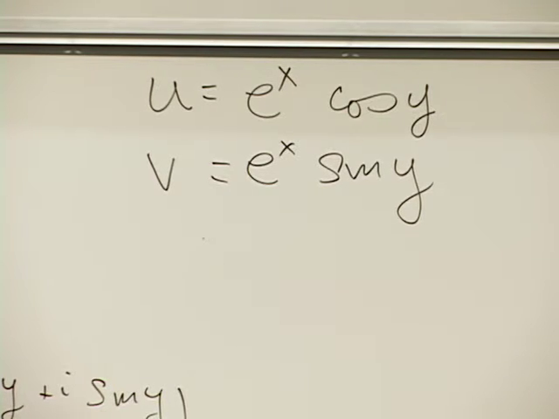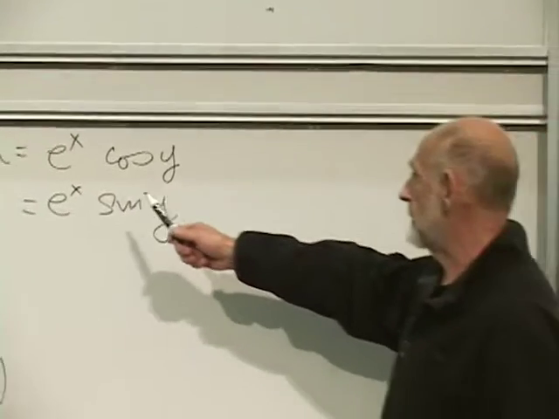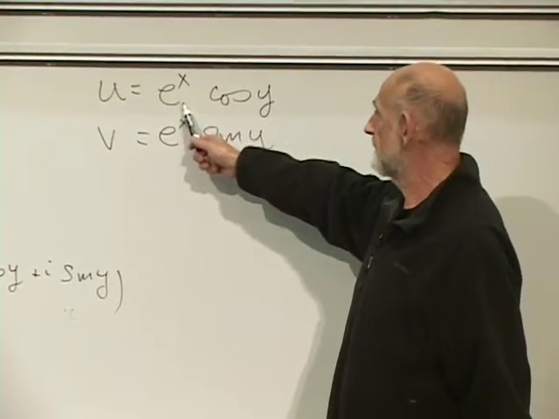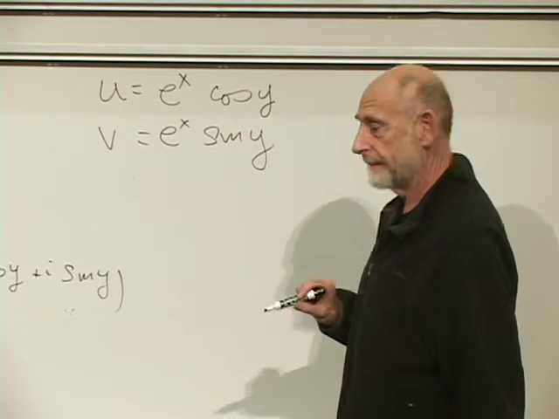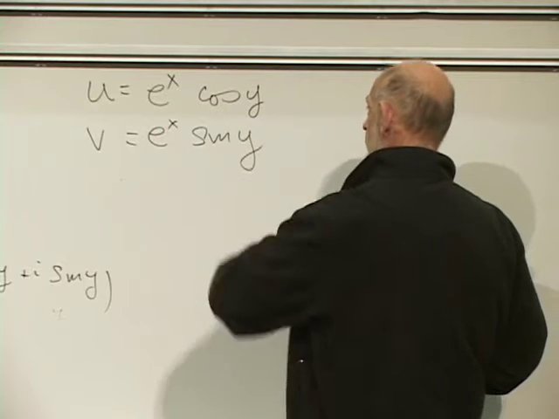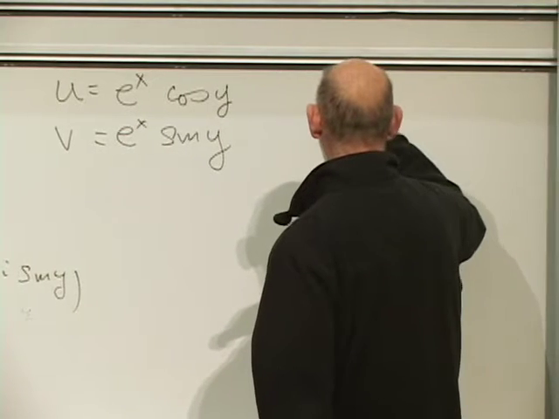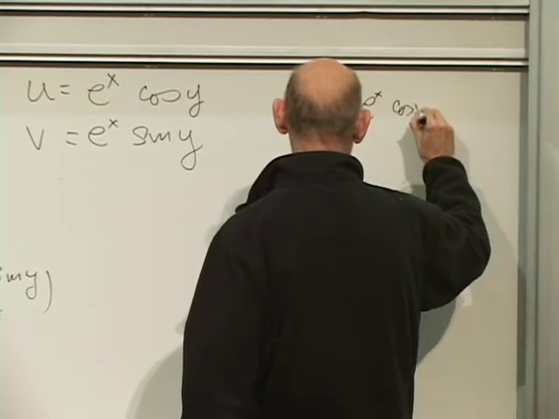Should we check the Cauchy-Riemann equations? Let's check them. Du by dx, what is du by dx? What happens when you differentiate e to the x with respect to x? You get it again. So du by dx is equal to e to the x cosine y.